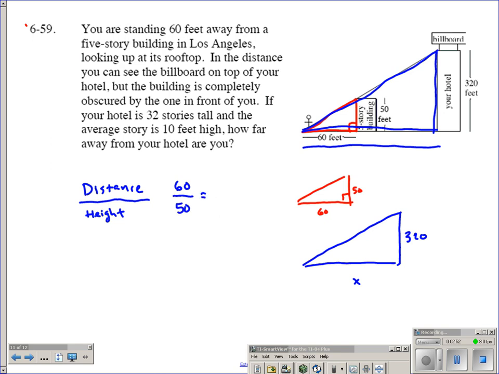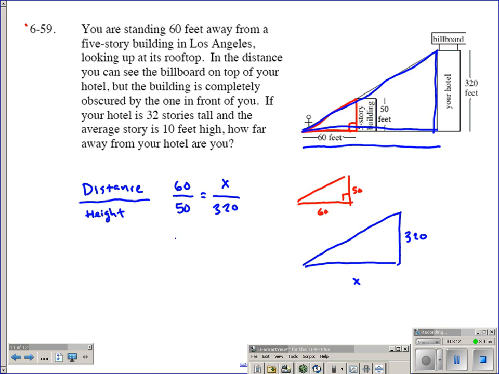But that should end up being proportional to the distance I am away from this one, which is x, over 320. Now obviously my triangles aren't drawn to scale, but you should be able to get the main idea behind what we're trying to do here.